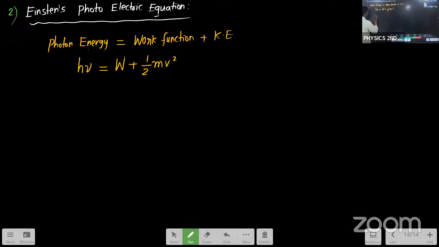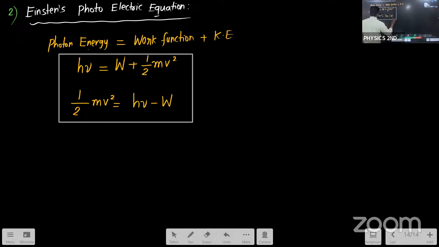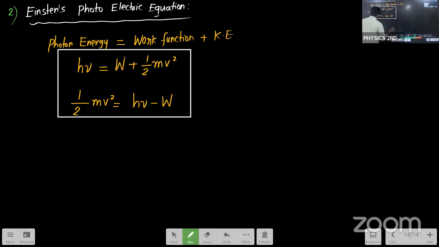Or you can also write the kinetic energy of the emitted electron or particle as 1/2 mv square is equal to h nu minus W. If you want to write this equation, you can write it, or if you want to write 1/2 mv square, you can write that equation. It's your wish, you can write any of the equations.